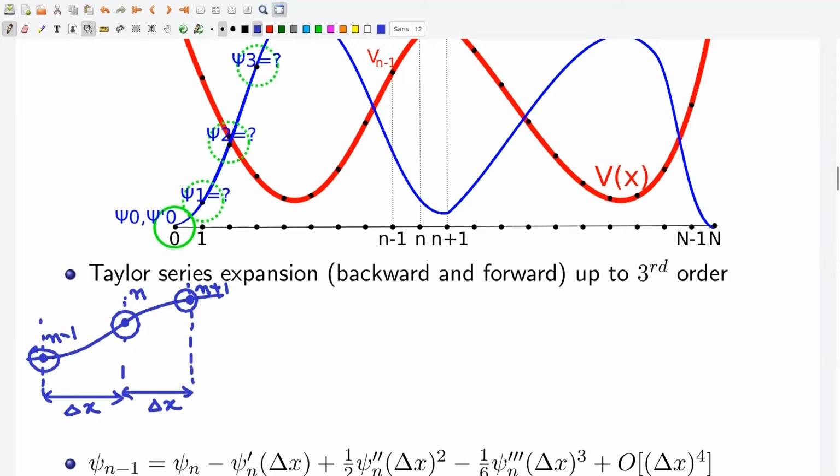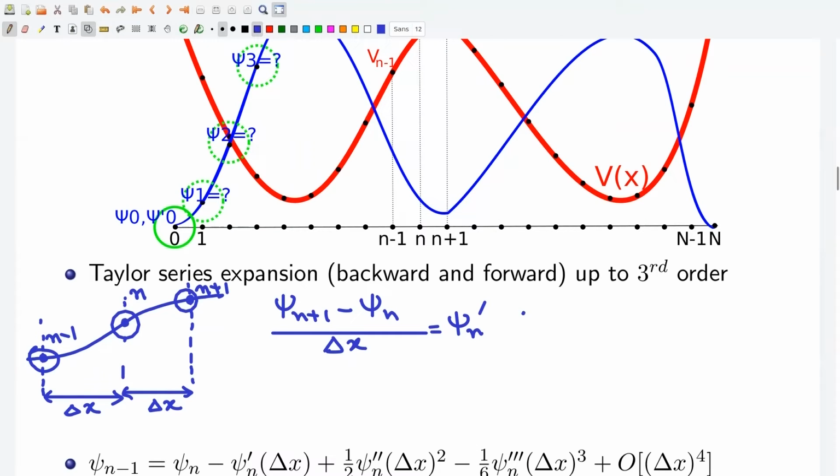Taylor series expansion will help us to achieve this. Let's write the first derivative: psi n plus 1 minus psi of n divided by delta x. This is the first derivative at this point. Now let's assume that I know everything about the function at this point n.